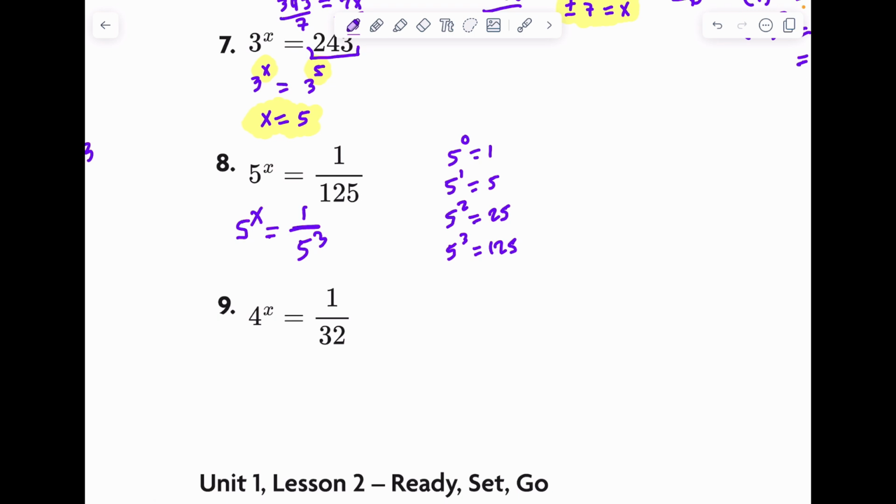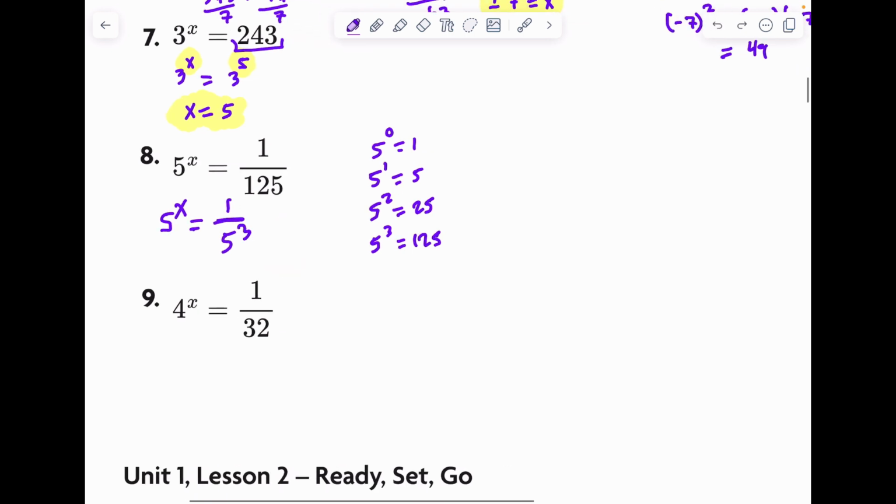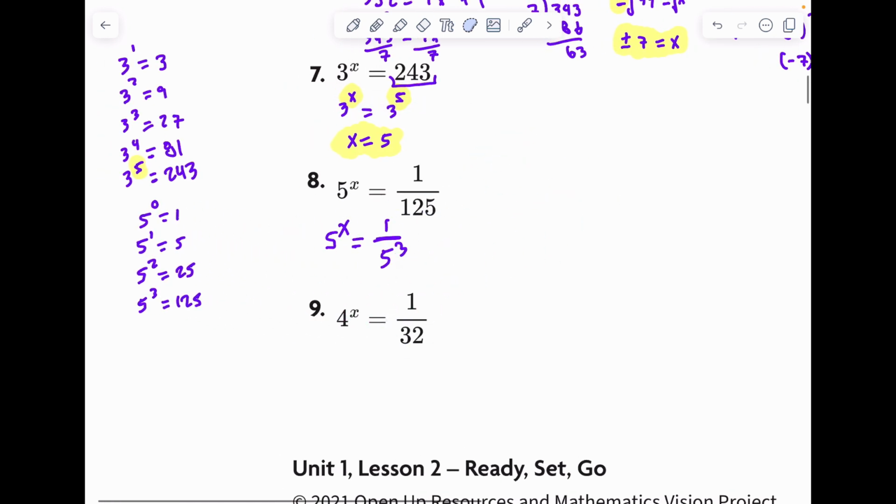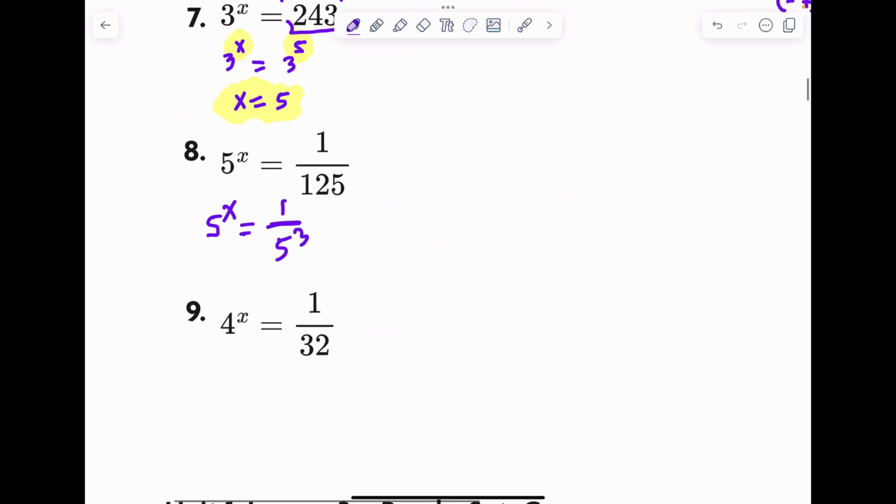Now, there are some rules that I'm going to assume that you know, as to how to rewrite this. So let's kind of talk about rewriting this. 5 to the x is equal to 5 to the negative 3, okay?